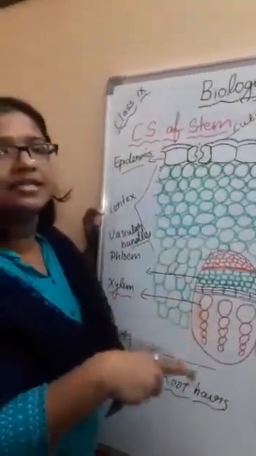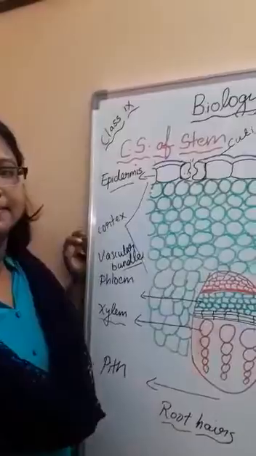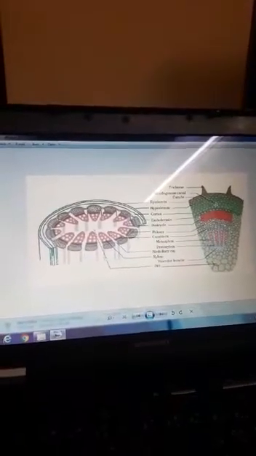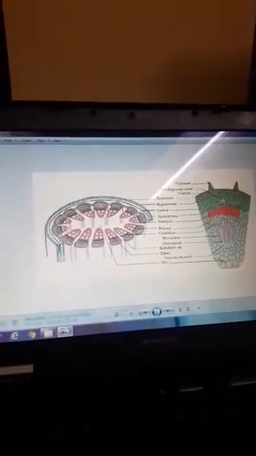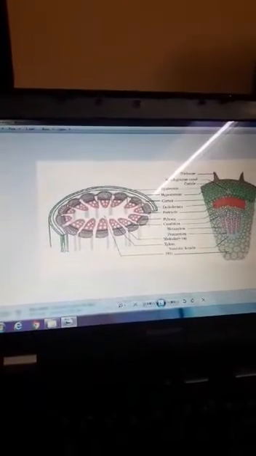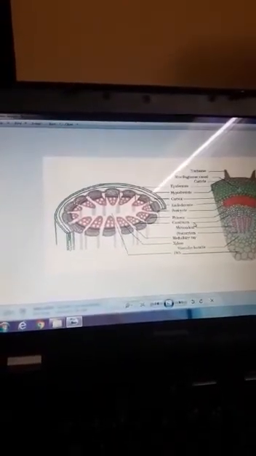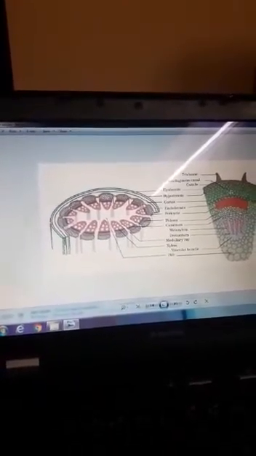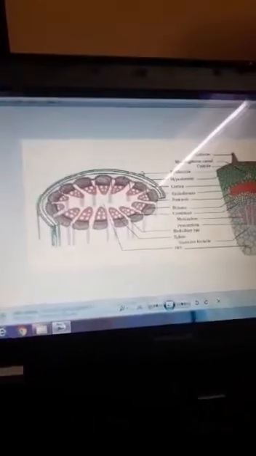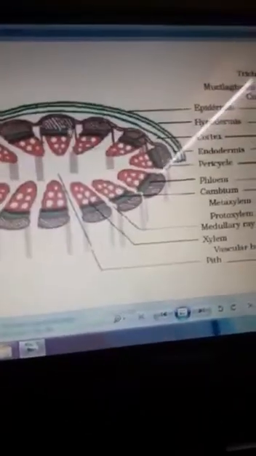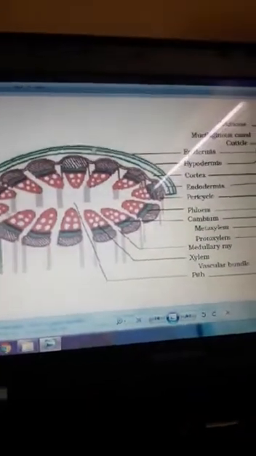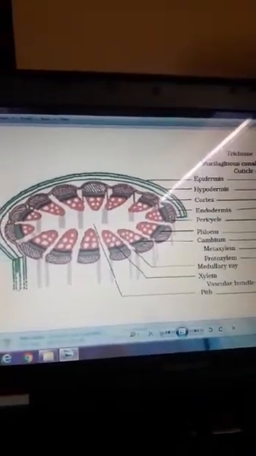I will show you the structural details of all these. Now let us see that. This is a general diagram of the stem of the plant, and these two diagrams are already given in your textbook. You see the outermost layer is the epidermis, and this is the cortical region, and these are vascular bundles.